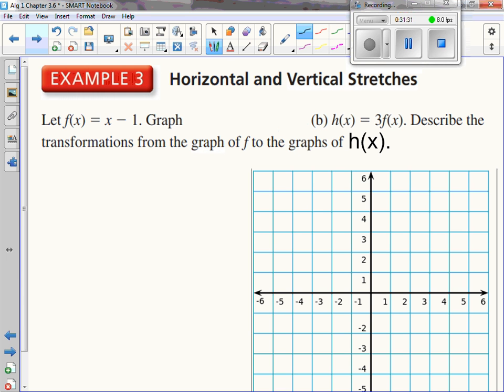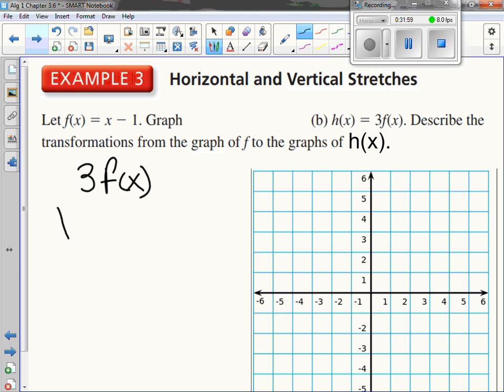So when we look at this here, we have 3f of x. So we have a number being multiplied by f of x, yes? So we're most likely talking about a stretch or a shrink. Now what is the value? 3. Is 3 greater than 1, or between 0 and 1? It's greater than 1, yes?